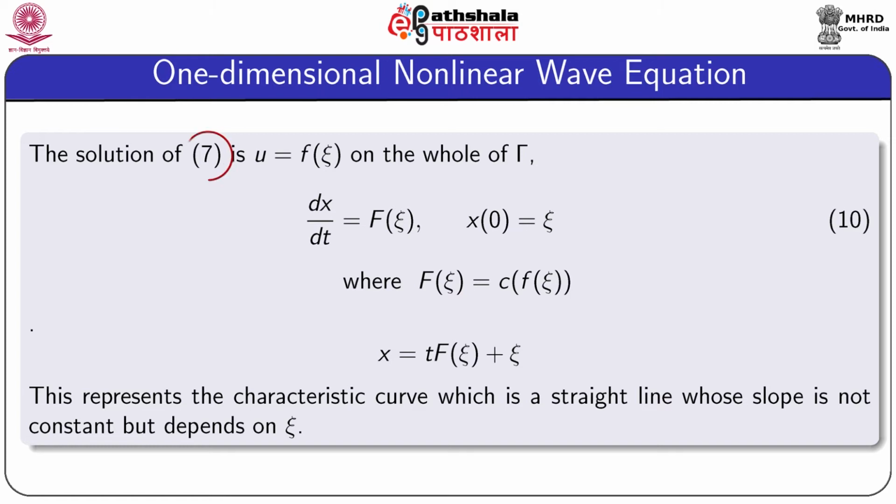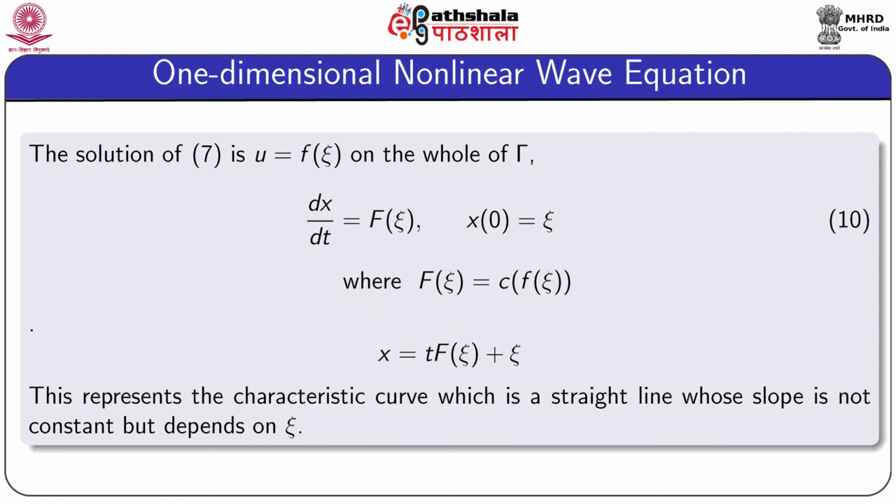The solution of 7 is u equal to f(xi) on the whole of gamma, and if you substitute that in the equation, dx/dt equals F(xi), and we solve this equation together with the initial condition x(0) equals xi, where capital F(xi) equals c of small f(xi), the solution of 10 can be written as x equals t F(xi) plus xi.